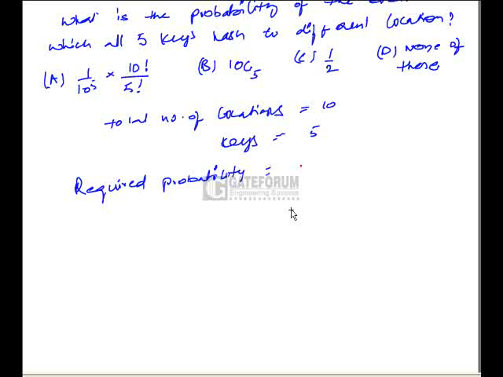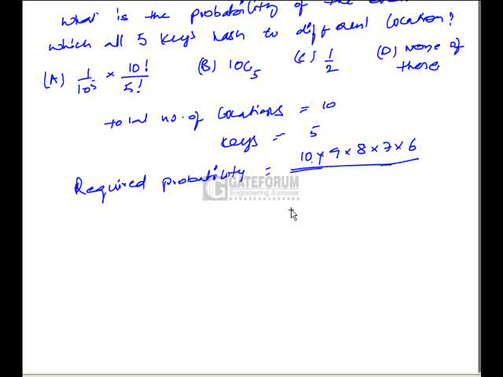in the numerator, for the first key we'll be having 10 possibilities, and for the next key only 9, because the second key has to hash to a different location than the first one. For the third key only 8 possibilities, and for the fourth 7, and for the fifth 6.